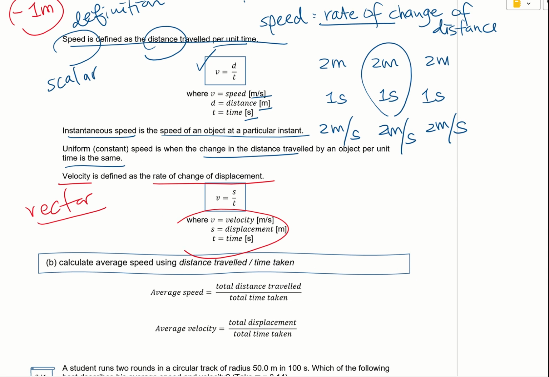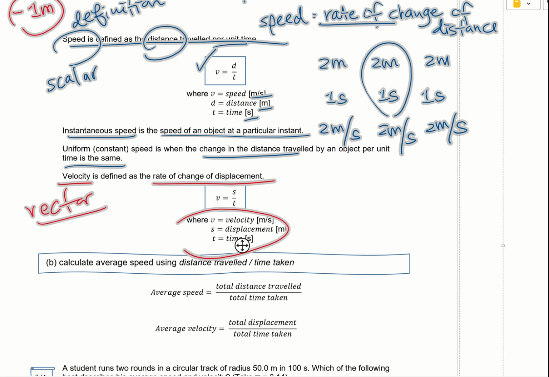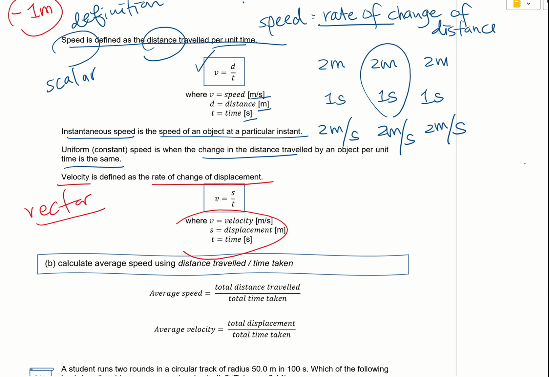Okay, but if we were to use the previous example, let's say an object moved 2 meters to the right from the starting point, and if we say to the right is positive, right? Okay, so we put as positive. So what's the distance traveled? It is 2 meters. And let's say, to throw in some element of time, it did that in 1 second. Once it has traveled 2 meters, it U-turns back to its original position, traveling a distance of 2 meters.